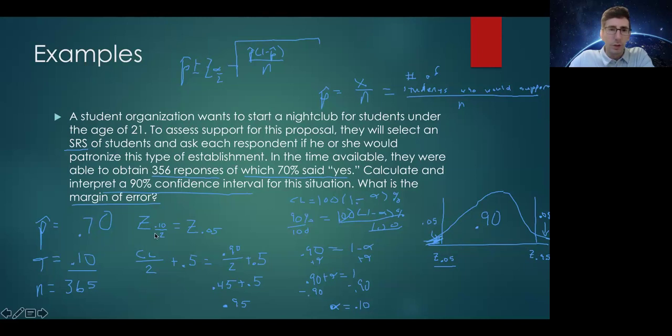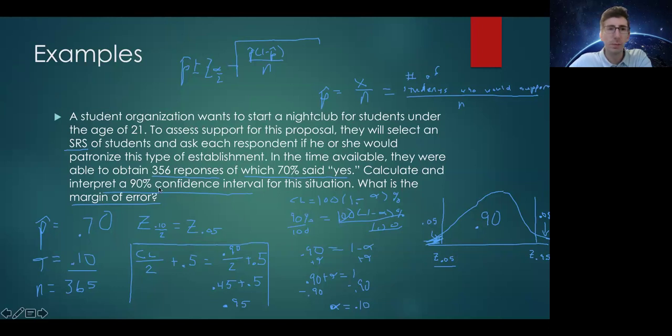So either formula, whichever one you're more comfortable with, you can either just divide the alpha by 2 and plug that into the inverse norm, or you can use this formula here to get that upper z level. This is unfortunately all going to disappear once I switch my screen and share the calculator so that we can get the 0.05.